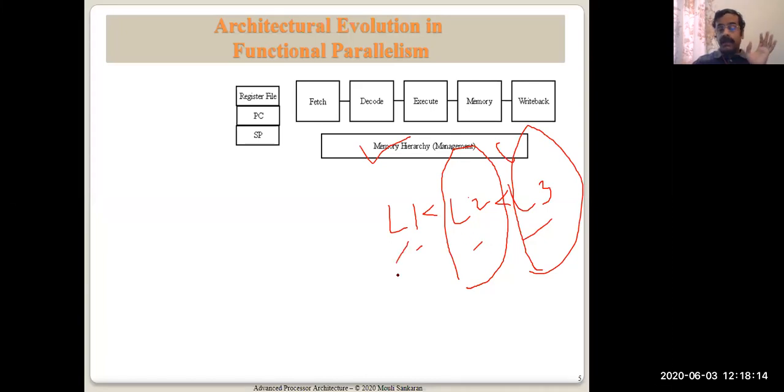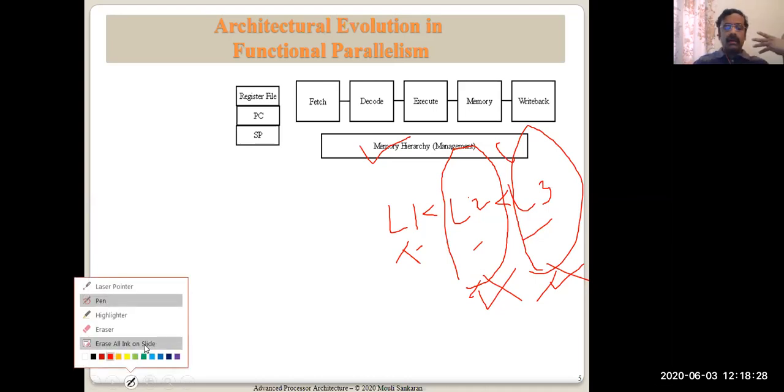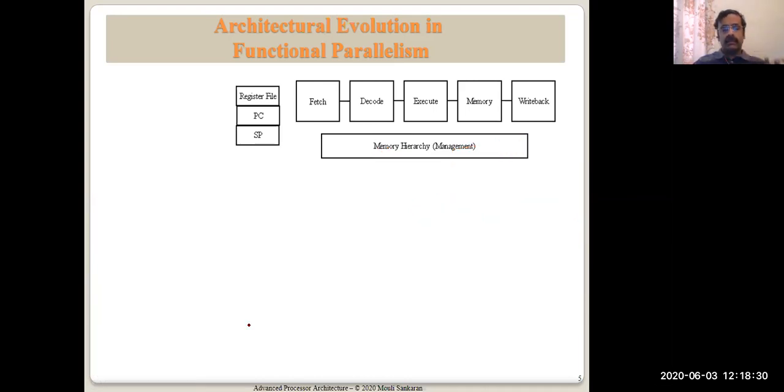I can have separate data cache and instruction cache here, separate instruction cache and data cache here, and unified cache here, no problem. But if I say this is unified cache, I cannot have a separate instruction and data cache further down the memory hierarchy. So these are all implicit things which nobody tells, but it is to be understood.